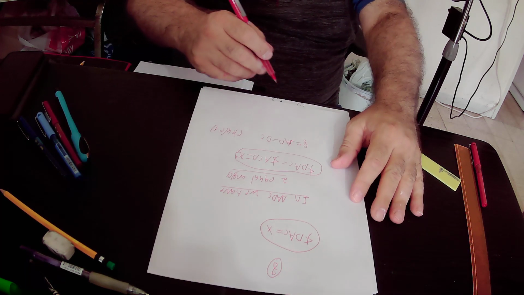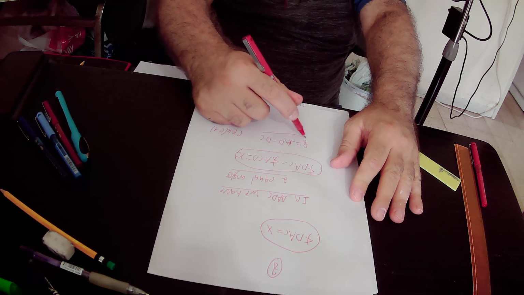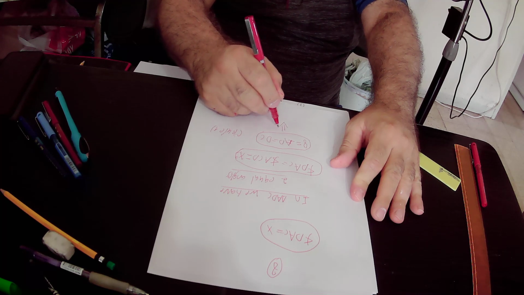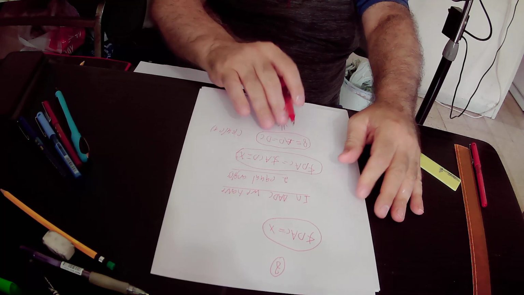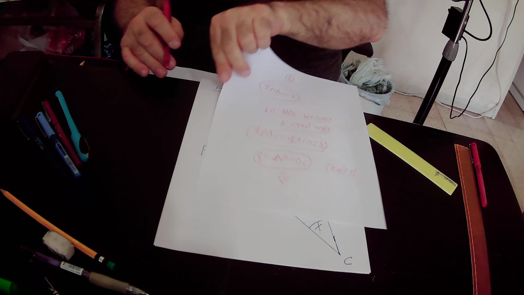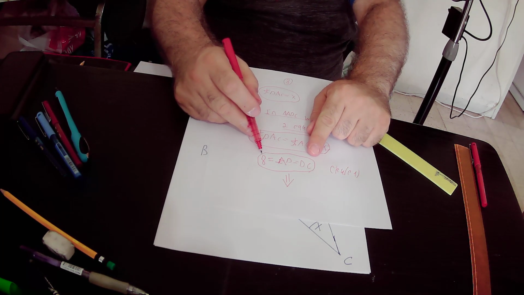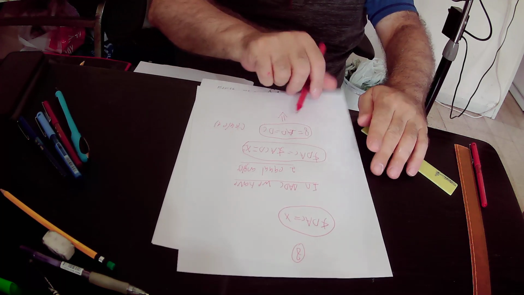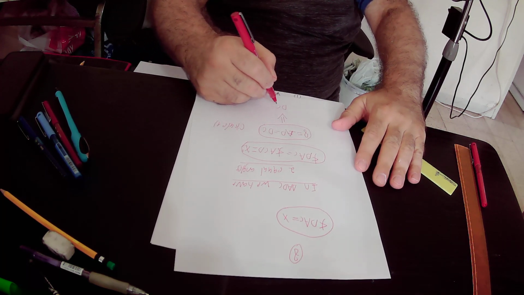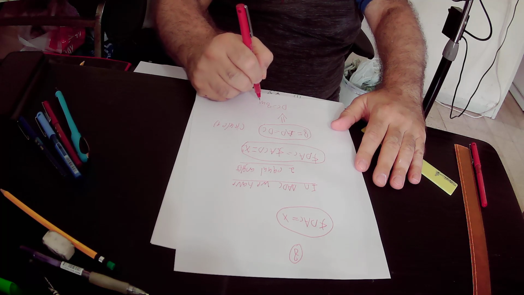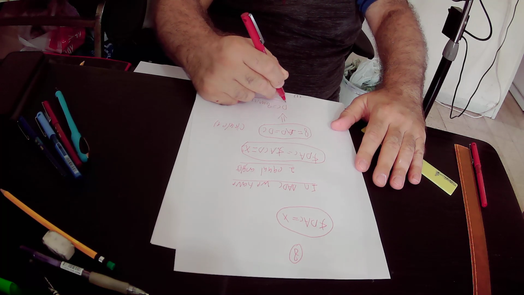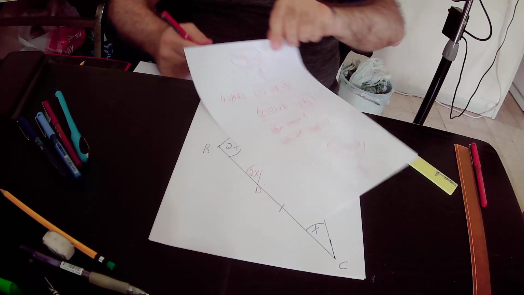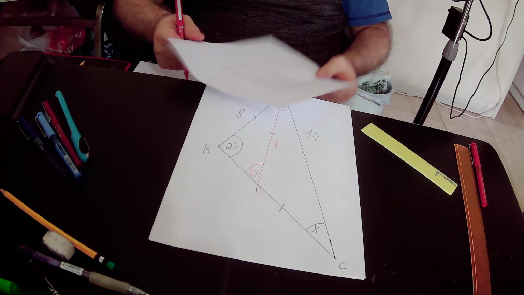From this equality we can deduce that DC also equals 8 units.